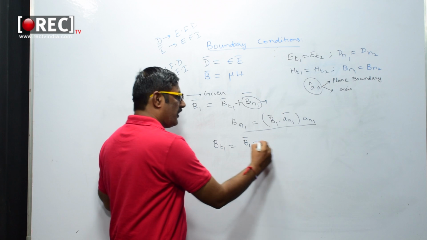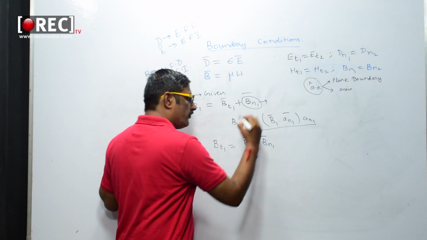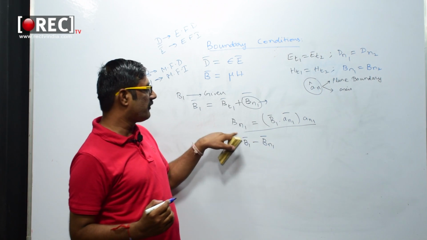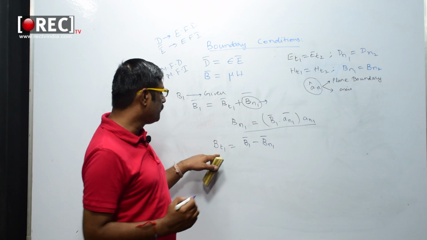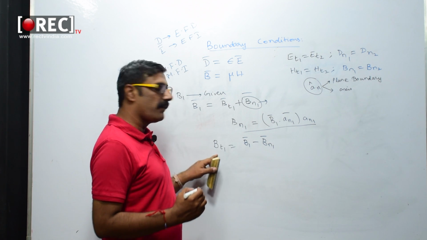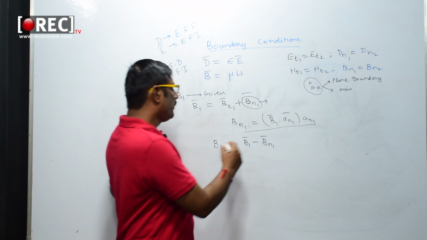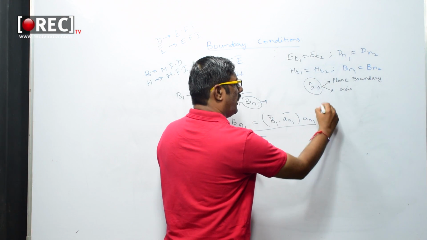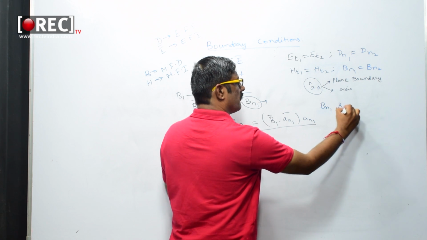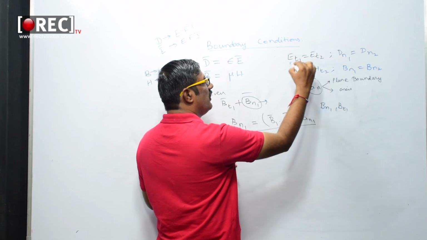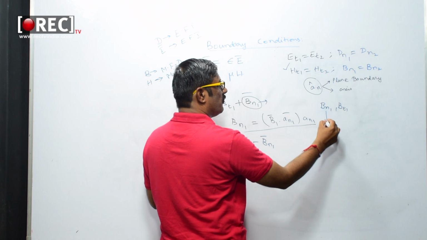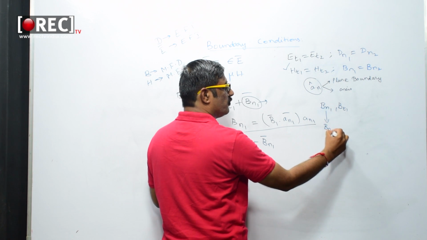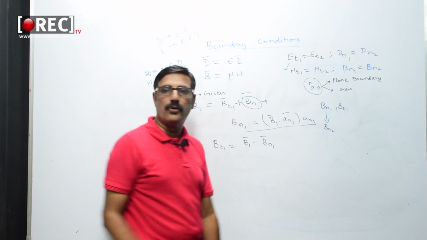Once the normal component is determined using this relation, I can determine the tangential component using this relation. Once we know B_N1, I can easily get B_N2, because these two are directly equal.